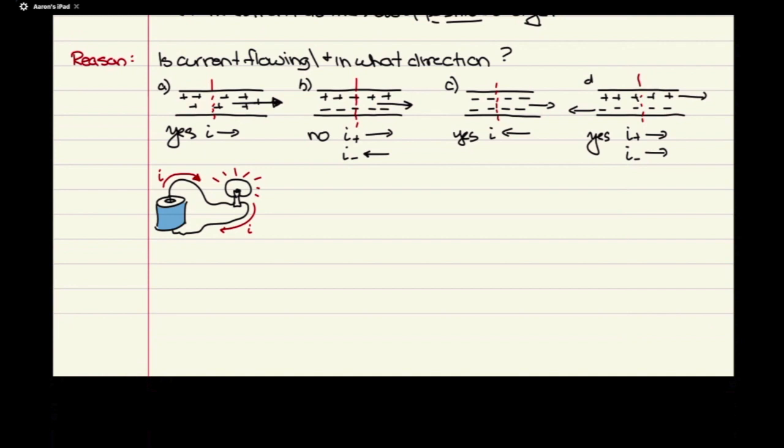I think a big misconception is people have the idea that electrons get used up in certain apparatuses, like a light bulb, that electrons are being used up to make the light bulb shine. And if you think of this just in terms of a conservation, that can't be the case.